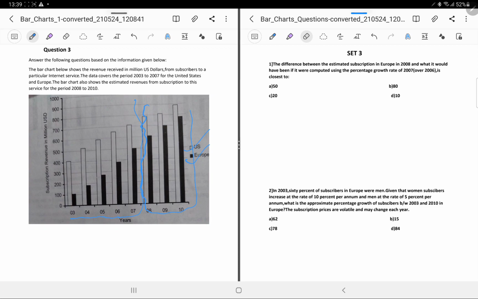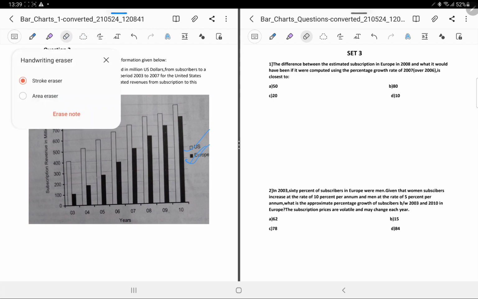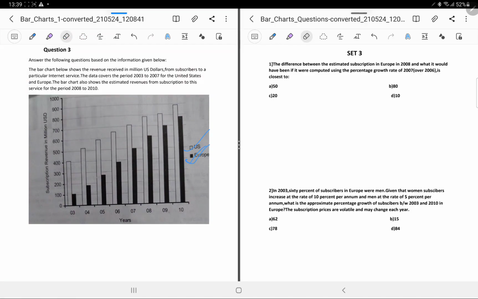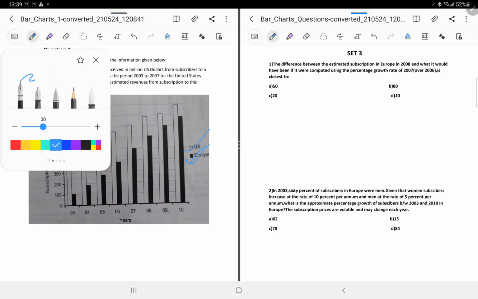So 2008 is estimated. Europe is black, so for Europe it seems to be 610. You can take it as 610, because some portion is above the bar.